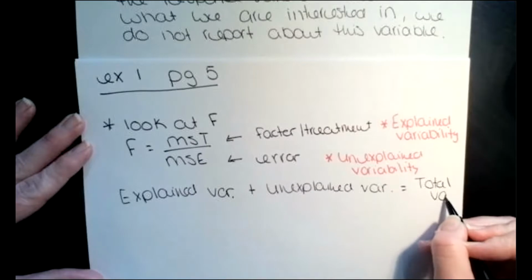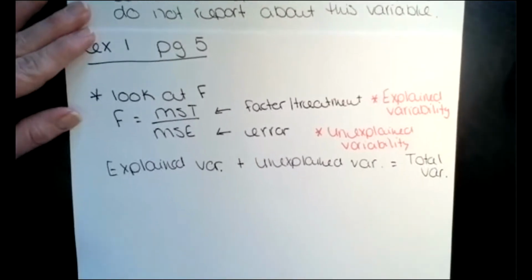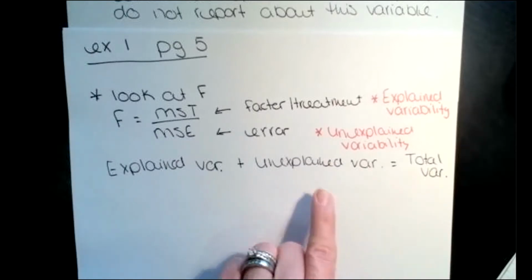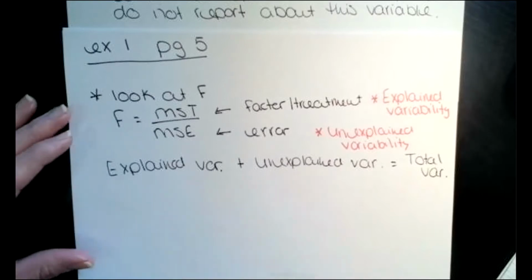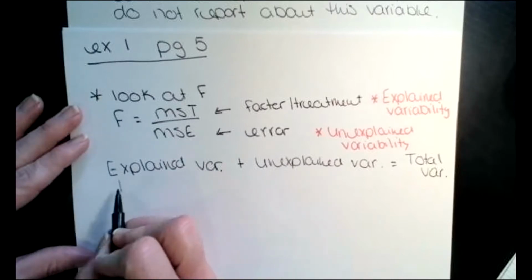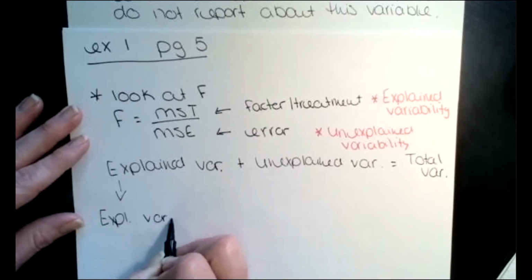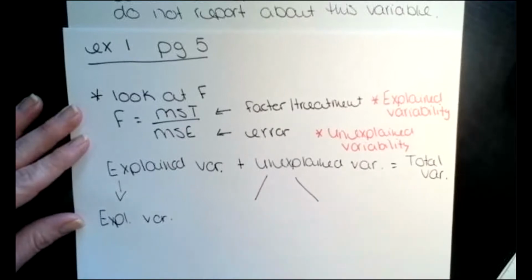Now, you're going to notice the total variability does not change. This number will remain the same. It's just we're going to move some of this. Okay. So this will just stay the same as explained variability. And then we're going to break this number into two.